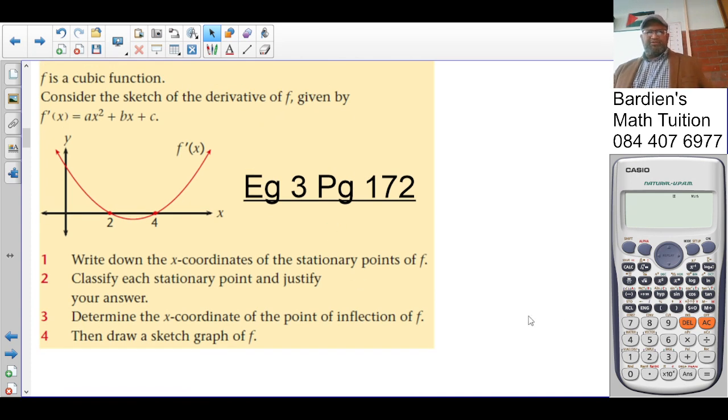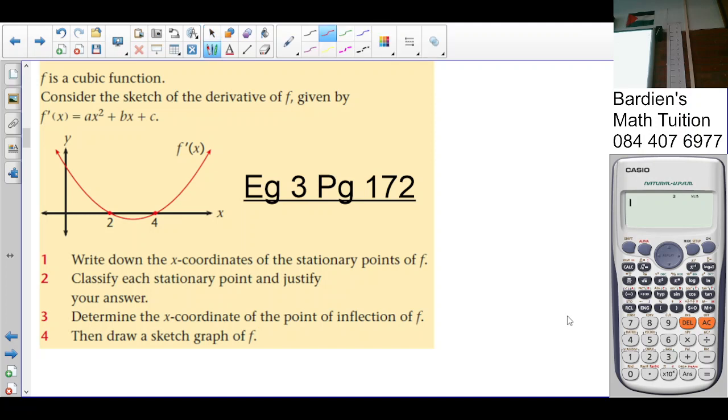If it's a cubic function, consider the sketch of the derivative of f by using f prime x equals. So you see the derivative is a parabola. It's a smiling parabola. So the function f of x will be a cubic function.